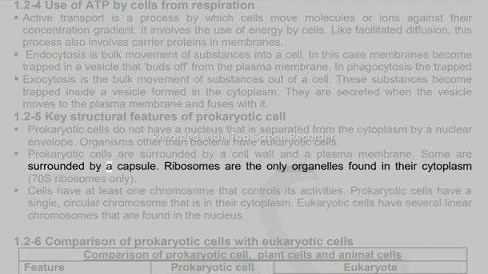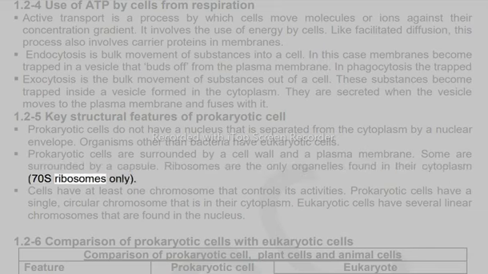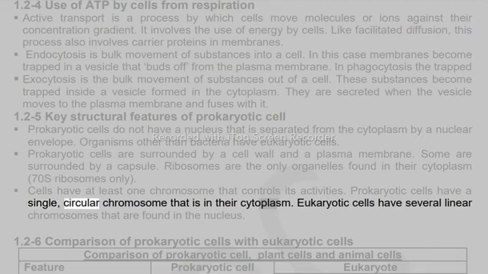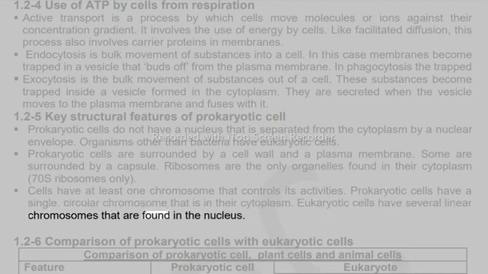Some are surrounded by a capsule. Ribosomes are the only organelles found in their cytoplasm, 70S ribosomes only. Cells have at least one chromosome that controls its activities. Prokaryotic cells have a single, circular chromosome that is in their cytoplasm. Eukaryotic cells have several linear chromosomes that are found in the nucleus.